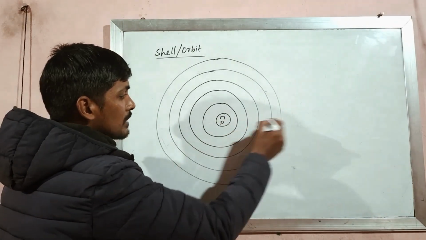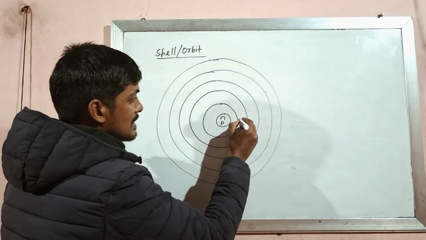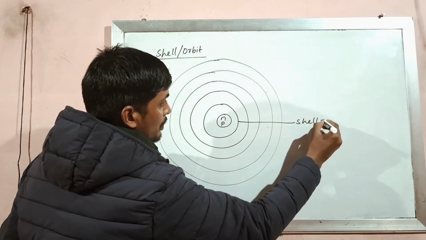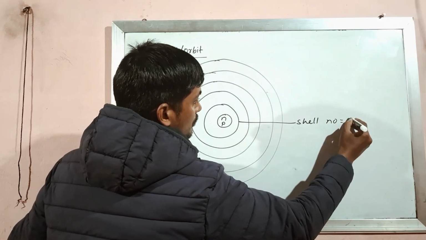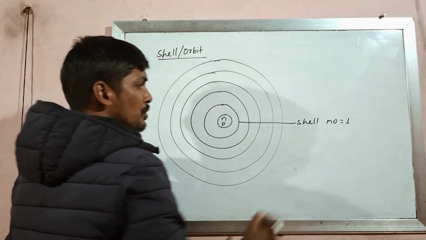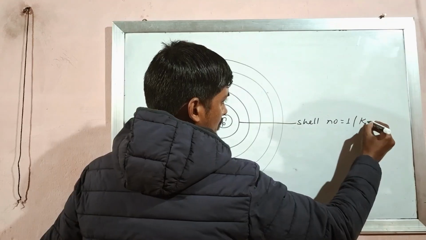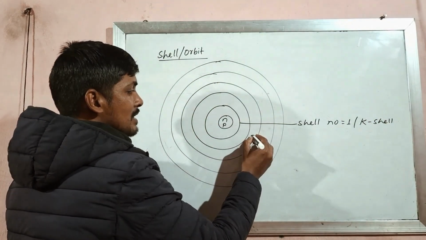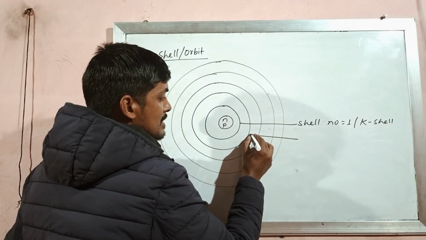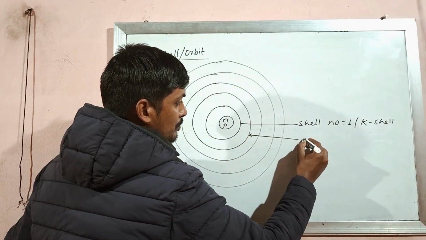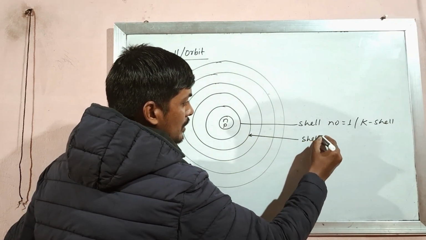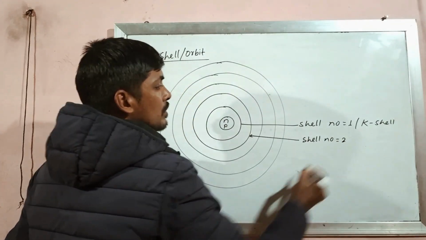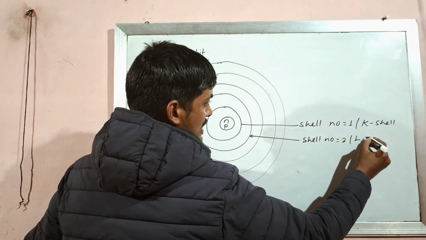So all these are cells. This is cell number 1. This cell number 1 is also known as K cell, whereas this is cell number 2, also known as L cell.